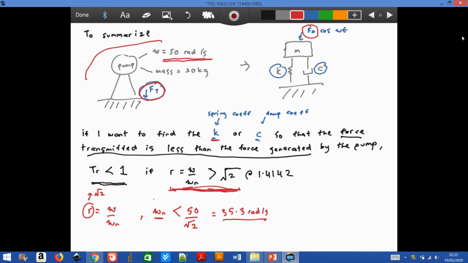Okay, so this will result in r larger than square root of 2, and TR less than 1. So if omega n is less than 35.3, which is the threshold, it will result in R, the frequency ratio, being larger than square root of 2, and the transmissibility ratio being less than 1.